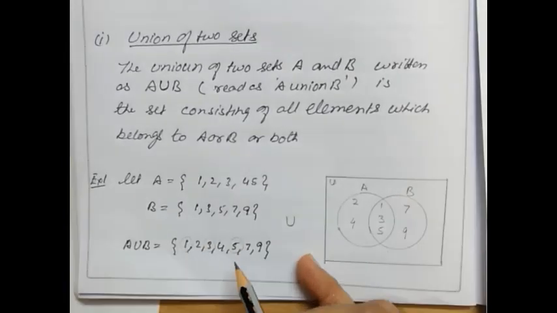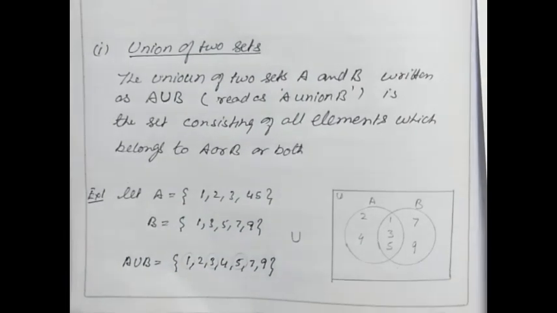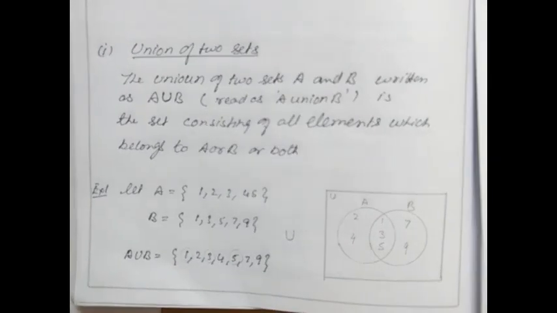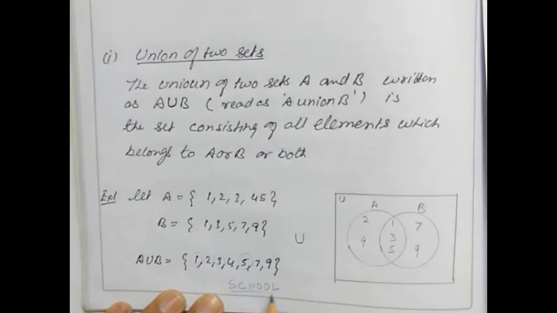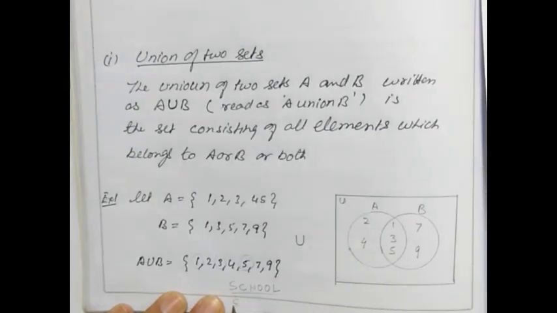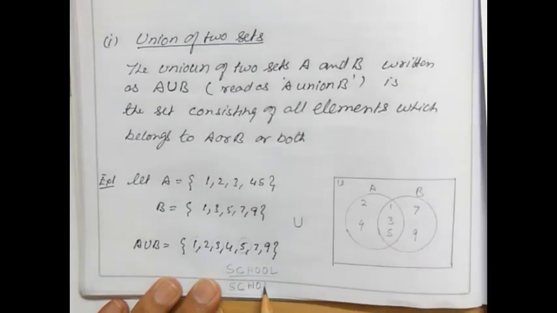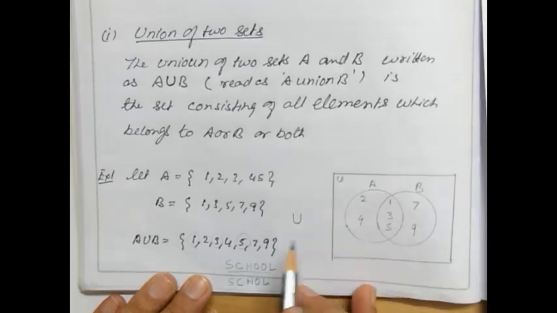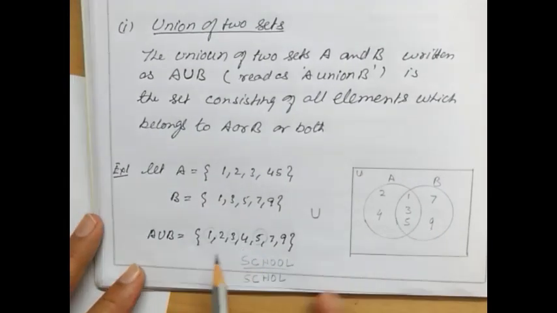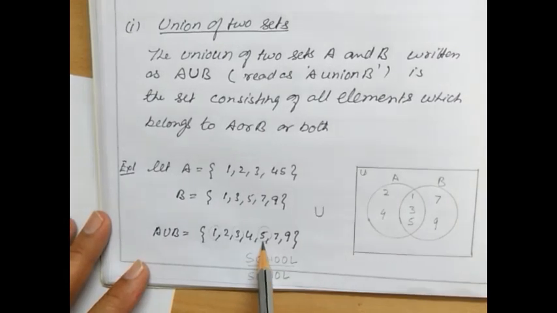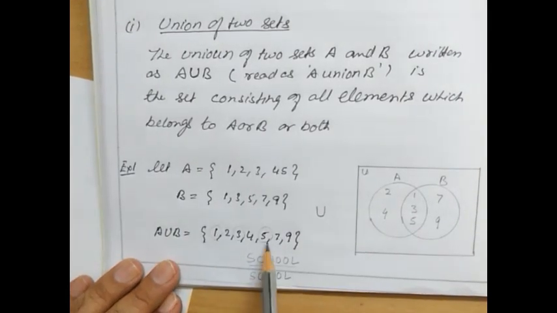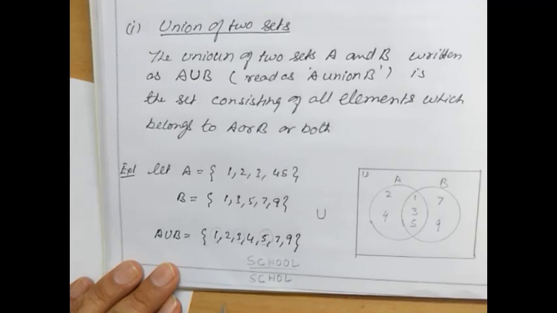If you remember, you were asked to list the letters of the word SCHOOL in roster form, and you wrote S, C, H, O, L. You do not repeat. In the same way in the case of union, you write down all these elements, and the ones which are repeated are written only one time.